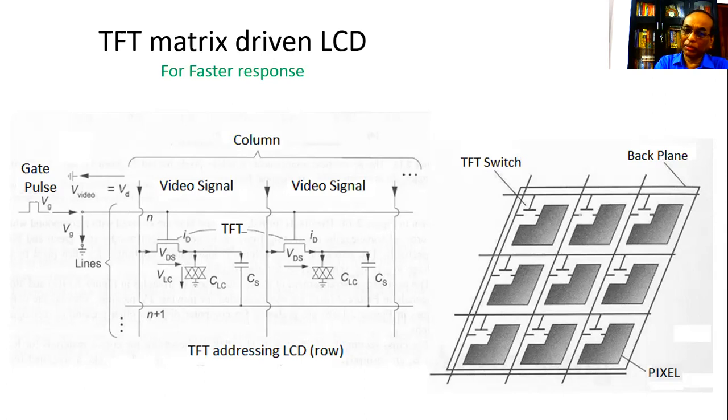These black patches are the pixels, and there will be a back plane which holds all these thin film transistors. So it will be an integrated package. This is for the faster response. Actually, this TFT gives the faster response.